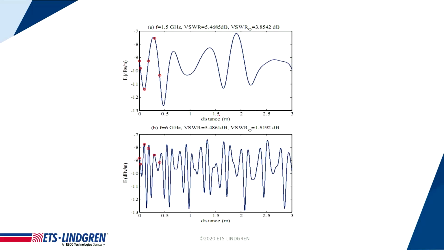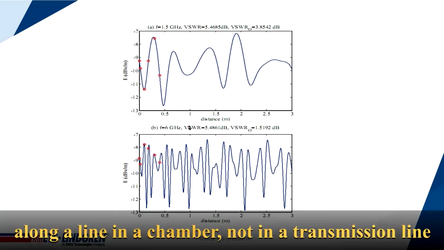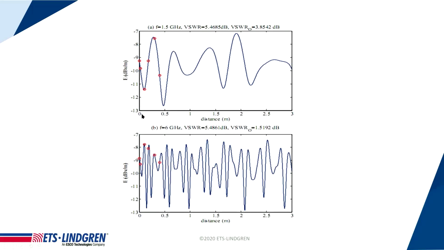This is an illustration obtained by simulation, showing the standing wave along a transmission line at 2 frequencies. When I move that transmit antenna along the length, the standard requires you to move along a 40 centimeter distance. That's why you see there are 6 dots.